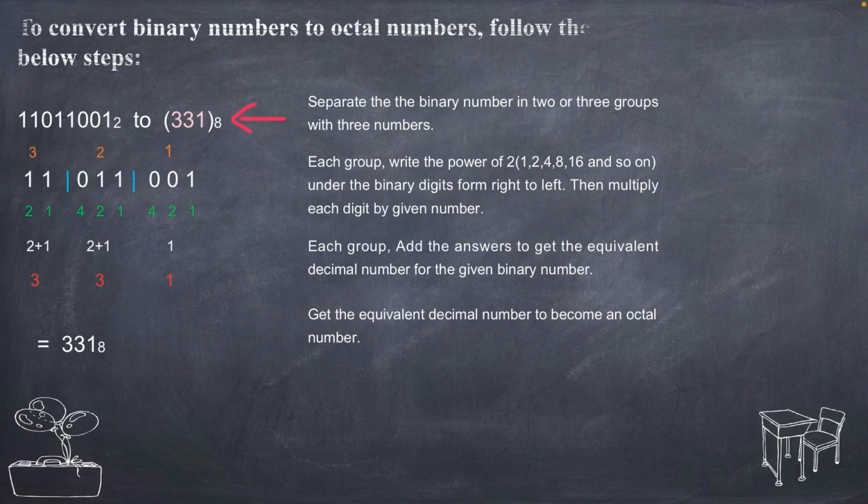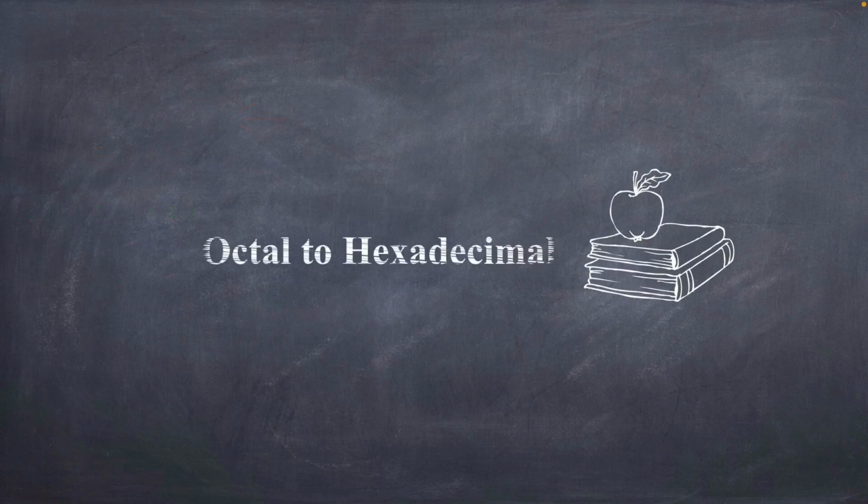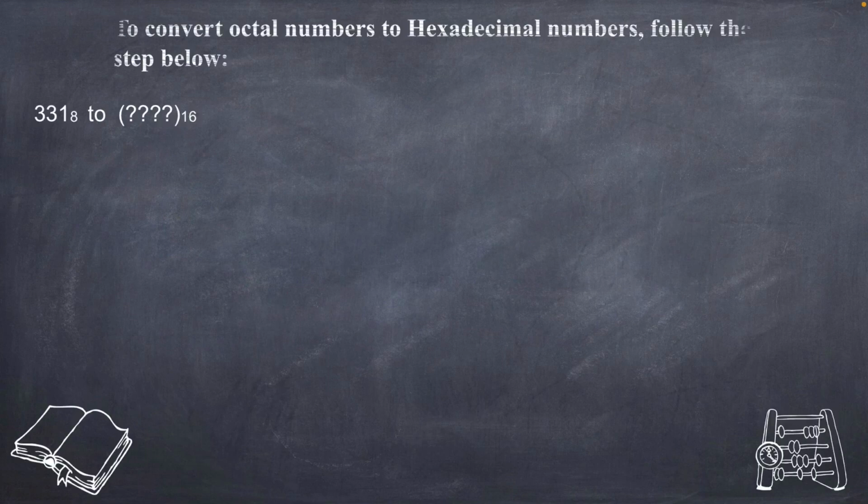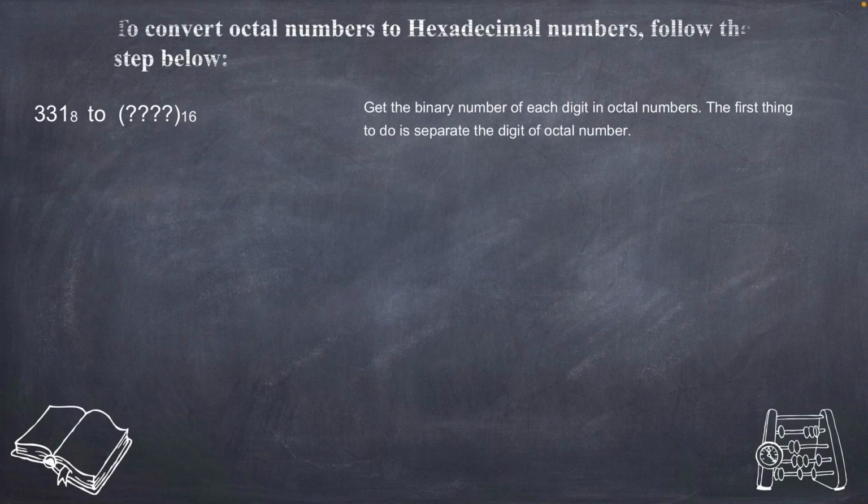So, punta naman tayo sa octal to hexadecimal. Dito sa octal to hexadecimal, kinuha ko na yung nakuha nating sagot kanina na 331 base 8, na i-convert natin sa hexadecimal. So, sa unang step dito sa octal to hexadecimal ay get the binary number of each digit in octal numbers.